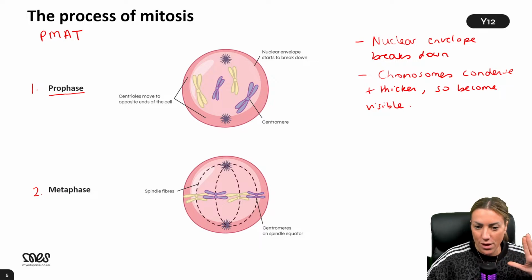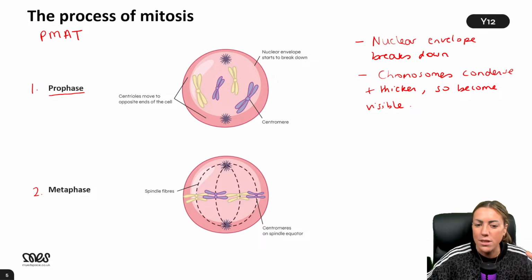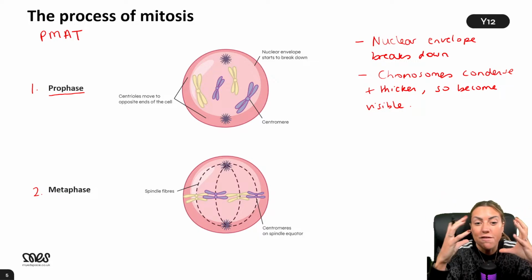Now, this is quite interesting because if a cell is not in mitosis, you can't actually see the chromosomes because they're not condensed, they're not thick enough to see them. Now, during mitosis, they get basically shorter and fatter, they condense, and they become visible.